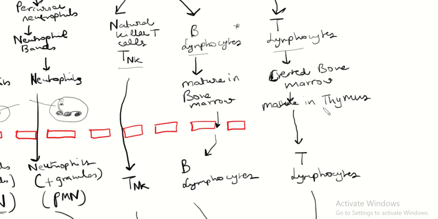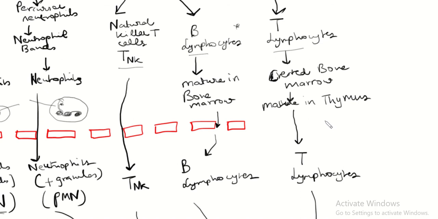T lymphocytes mature in the thymus. Again, they are part of the adaptive immunity, so we want to make sure they are not adapting to attack the body. In the thymus, they go through similar processes to make sure they have the correct receptors and are not immunogenic towards self.